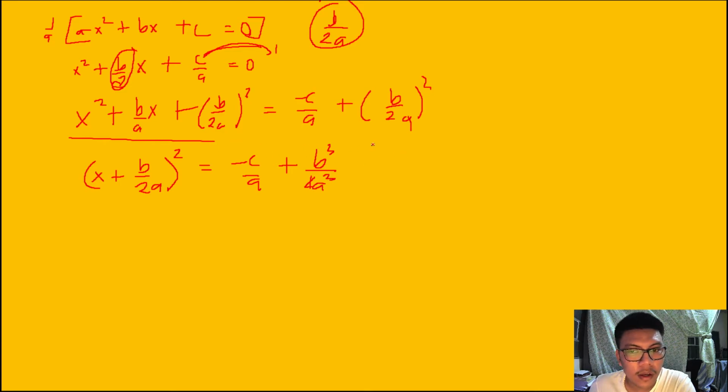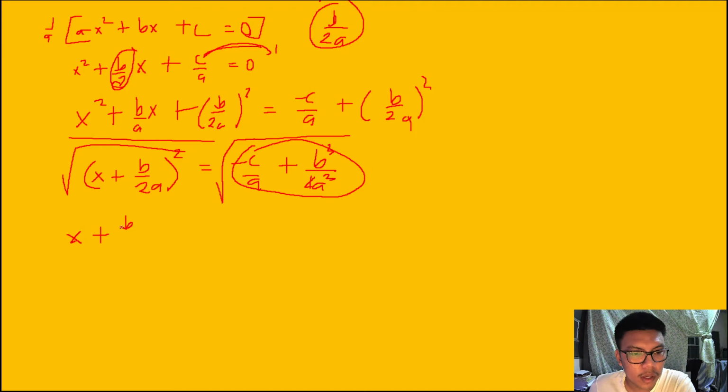Okay, now let's get the square root of both sides. So we have, so ito pwede natin pag-isahin to. So we have now x plus b over 2a, that will be equal to square root of, okay, so kukunin natin yung LCD. So we have 4a squared.